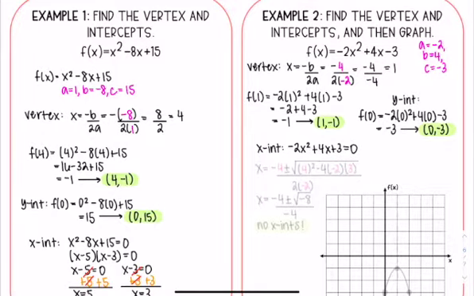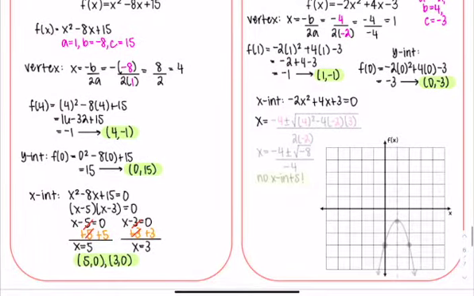Now I cannot factor this, but we can use the quadratic formula to solve this. And so plugging this in, we end up with negative 4 plus or minus the square root of 4 squared minus 4 times negative 2 times negative 3, all over 2a, or 2 times negative 2.